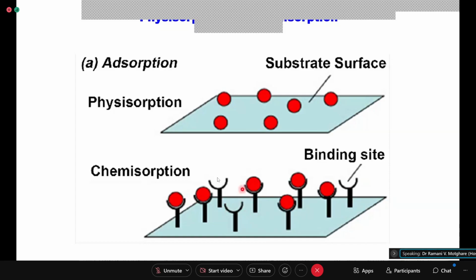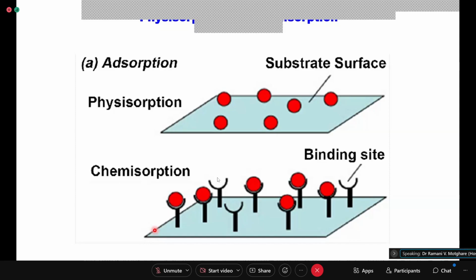So you can synthesize a material which will have a specific cavity and can absorb that particular analyte also. So one or two multi-specific sites can also be there. Okay, nowadays more research in surface chemistry is going on where you target two things, and both things should get absorbed in such a case.